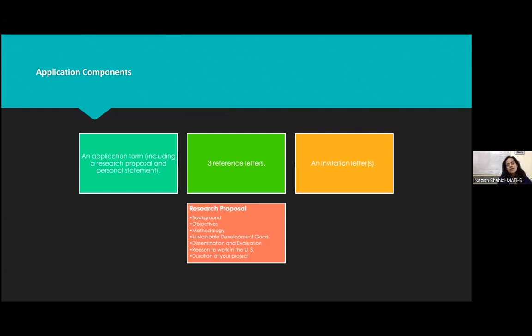Another very important component of this application is the invitation letter that will come from your US host.